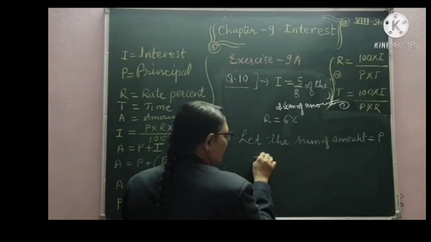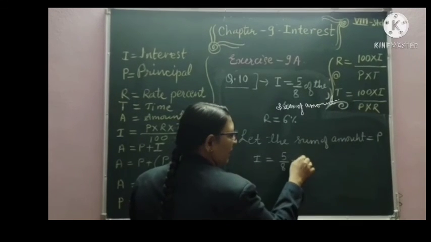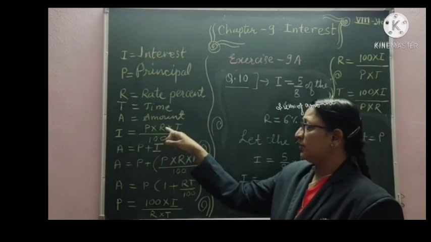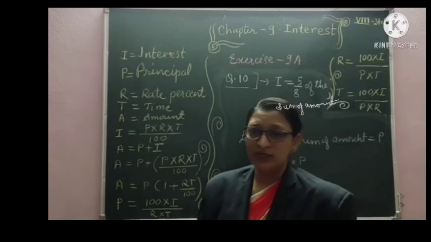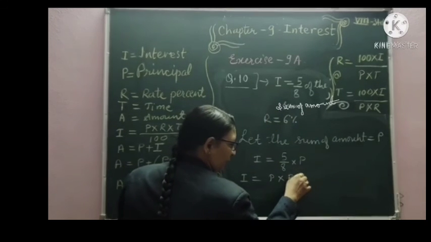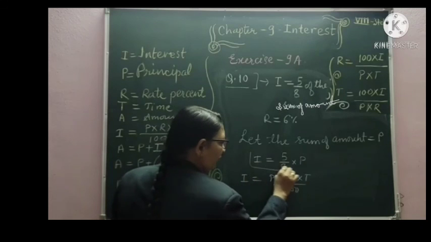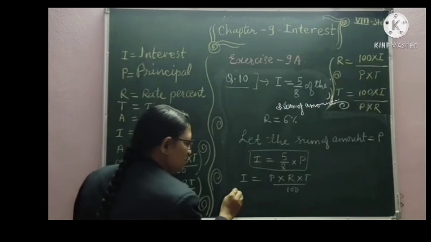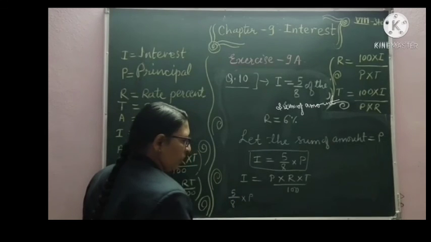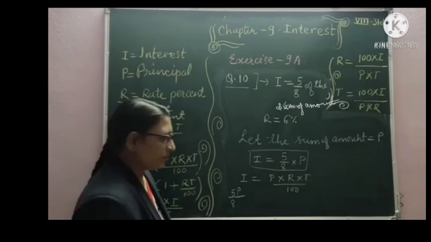So interest is equal to 5 upon 8 multiplied by P. We know the formula of interest. It is principal into rate into time upon 100. So let us substitute the values. Interest is equal to principal into rate into time upon 100. Here, what is the value of interest? It is 5/8 multiplied by P, or you can write it as 5P upon 8.